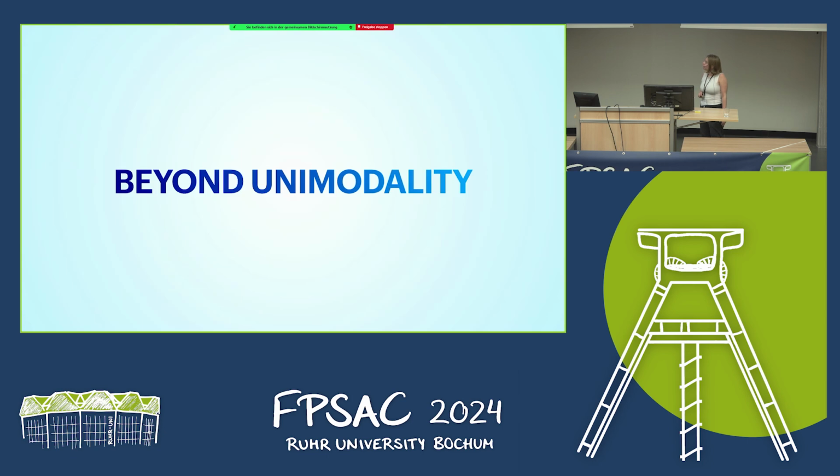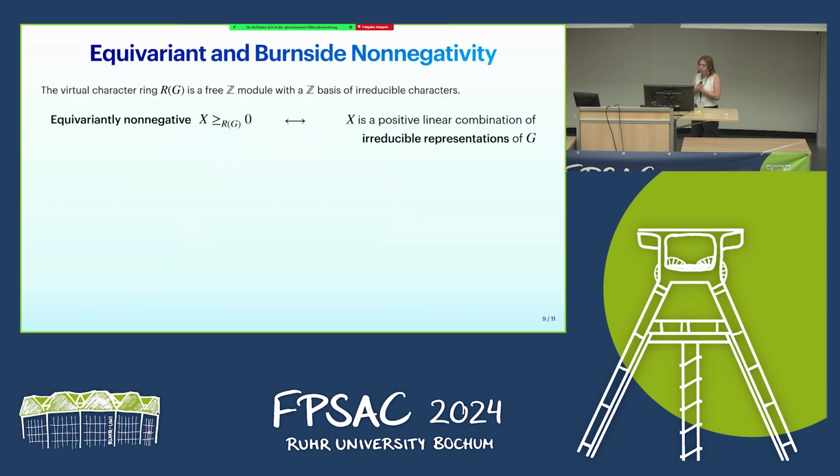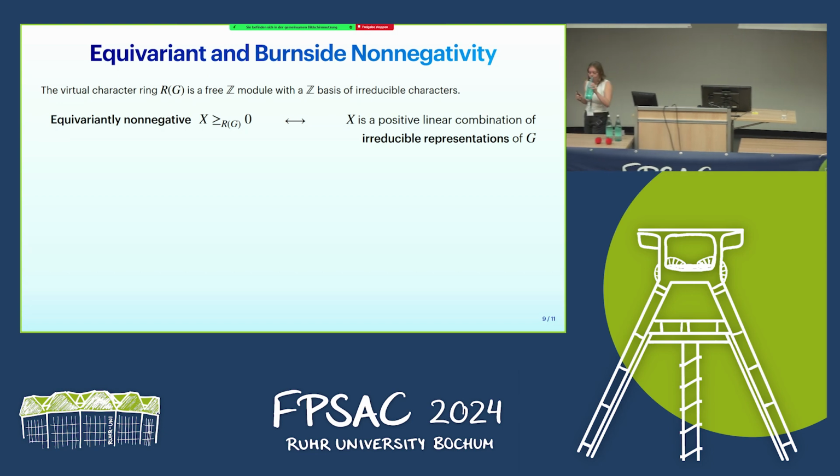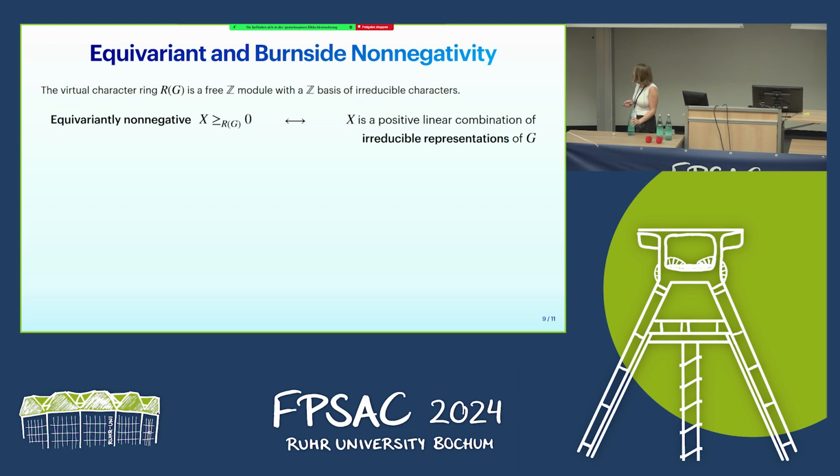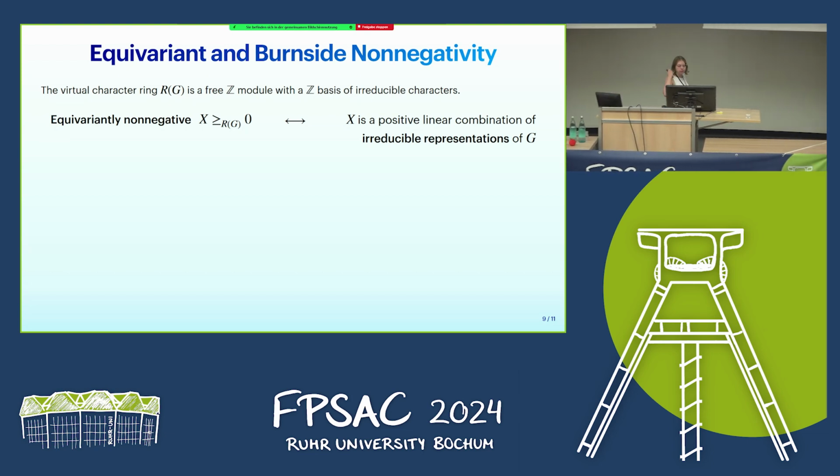OK. Let's see what we can see beyond unimodality. So I said the word equivariant. Let's try to be a little bit more specific in defining it. I will say that something is equivariantly non-negative if it is a positive linear combination of irreducible representations.